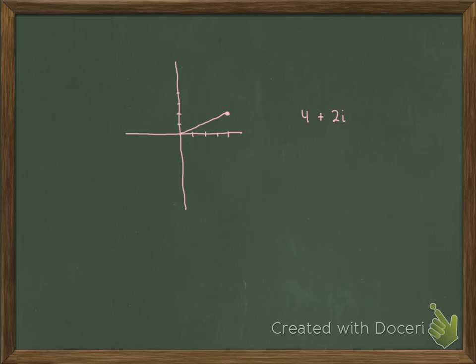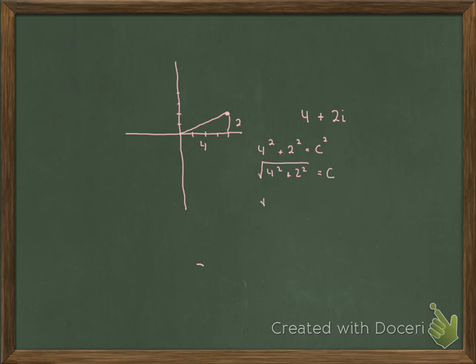Which again is the hypotenuse of this right triangle. So 4 squared plus 2 squared is equal to c squared. Remember, a squared plus b squared equals c squared. And then we want to take the square root of 4 squared plus 2 squared in order to find the length of c, which is our hypotenuse.